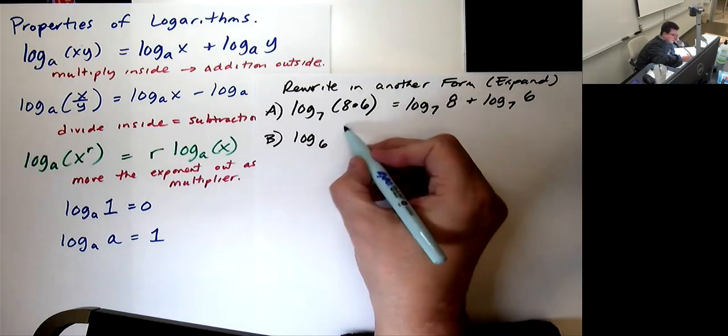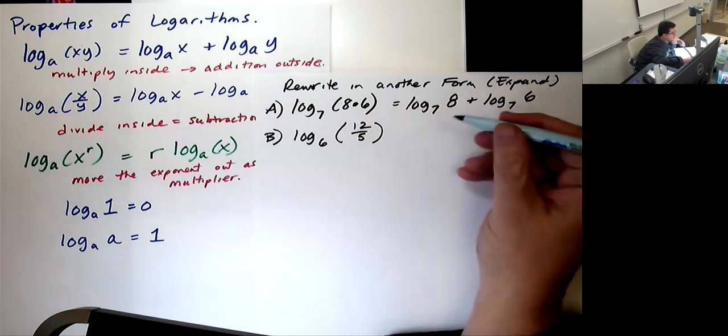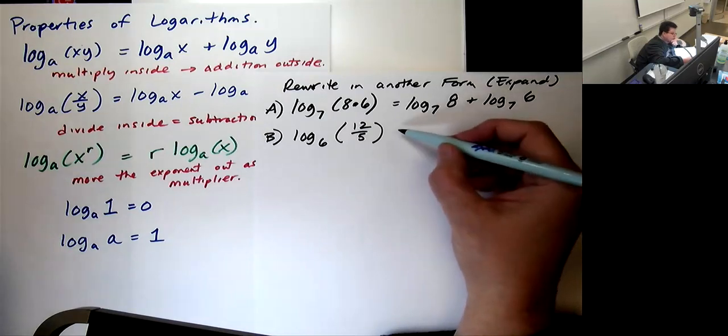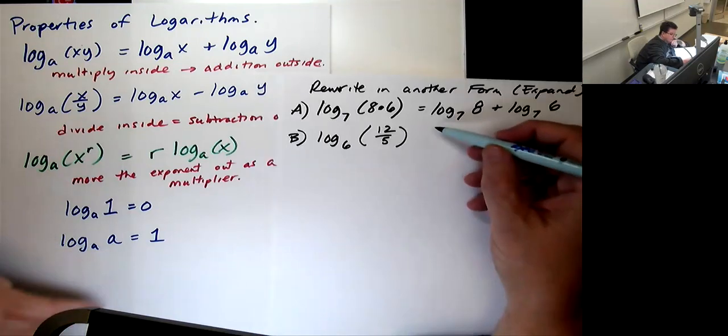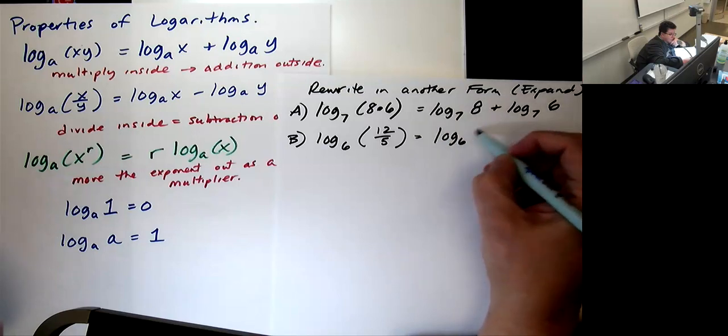Next, log base 6 of 12 over 5. What should I get on this one? Log 6 of 12 minus log 6 of 5.